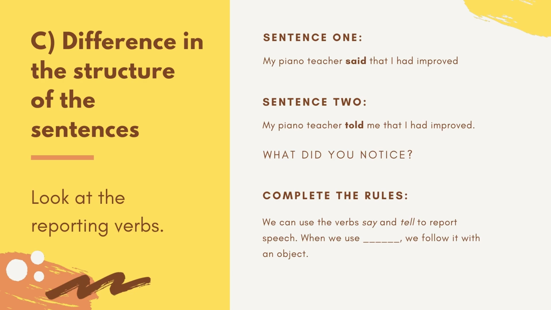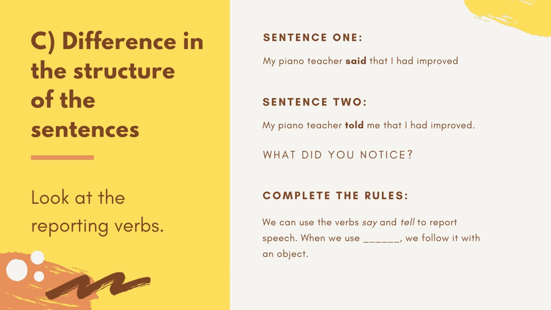In sentence 2, my piano teacher told me that I had improved. Okay, let us look at, first of all, the similarities. In the similarities, you use the word had plus past participle. Like I mentioned before, had plus past participle. So this is the past perfect tense.